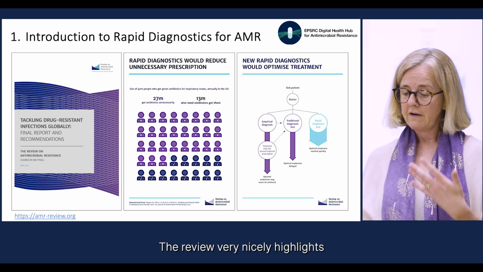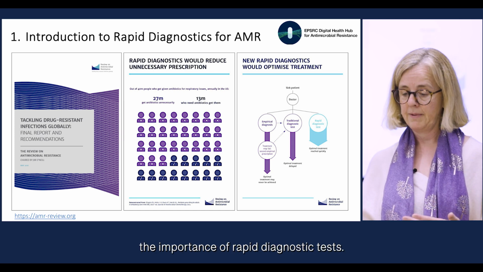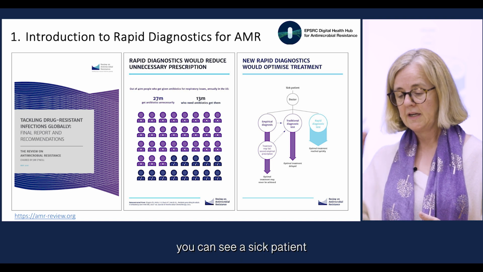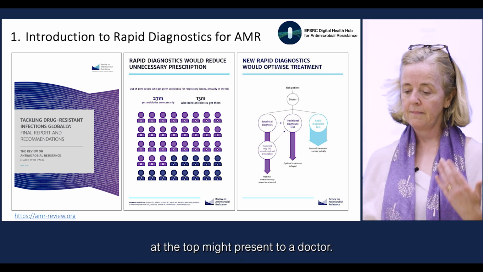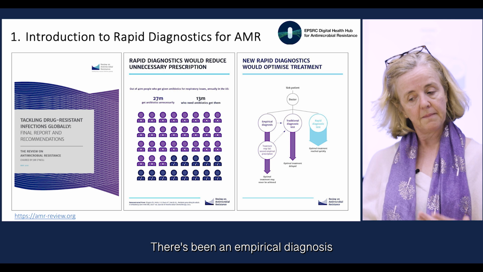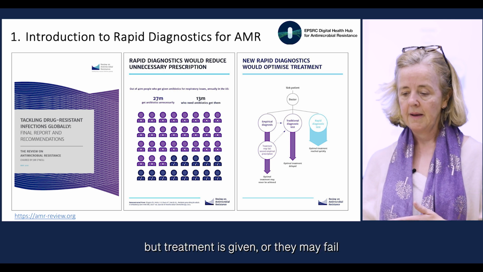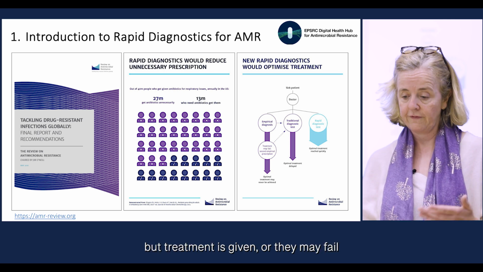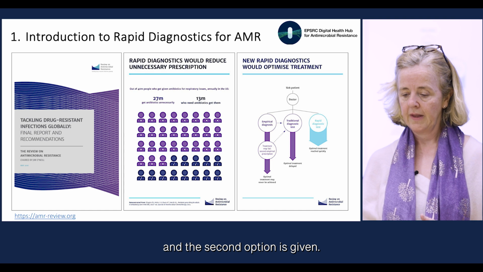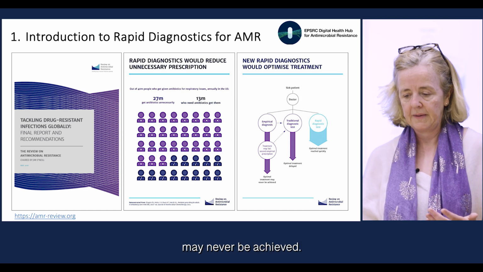The review very nicely highlights the importance of rapid diagnostic tests. So here you can see a sick patient at the top might present at a doctor. There's then an empirical diagnosis traditionally, but treatment is given, although it may fail, and a second option is given. But the optimal treatment may never be achieved.